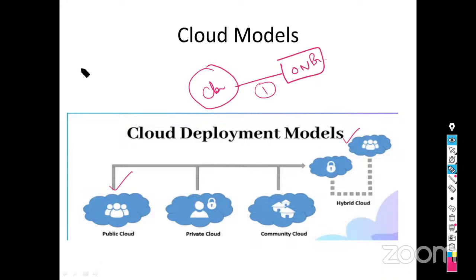Or the second example is when one cloud, like this is AWS cloud and this is Azure cloud, right? When one service is using two environments, that is called a hybrid cloud. Sometimes people say this section is called multi-cloud and this is called hybrid cloud. But in general, hybrid cloud is when you are using services from two different environments.